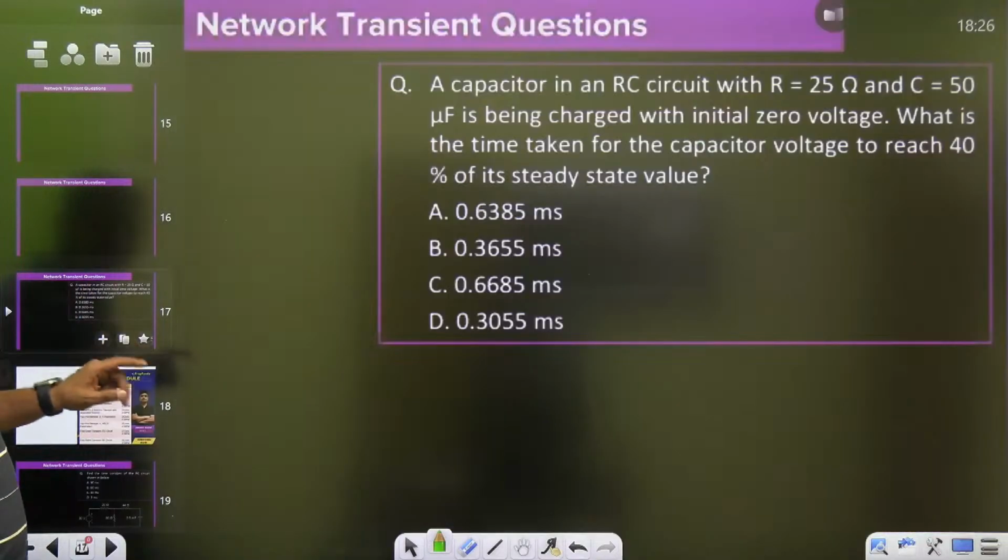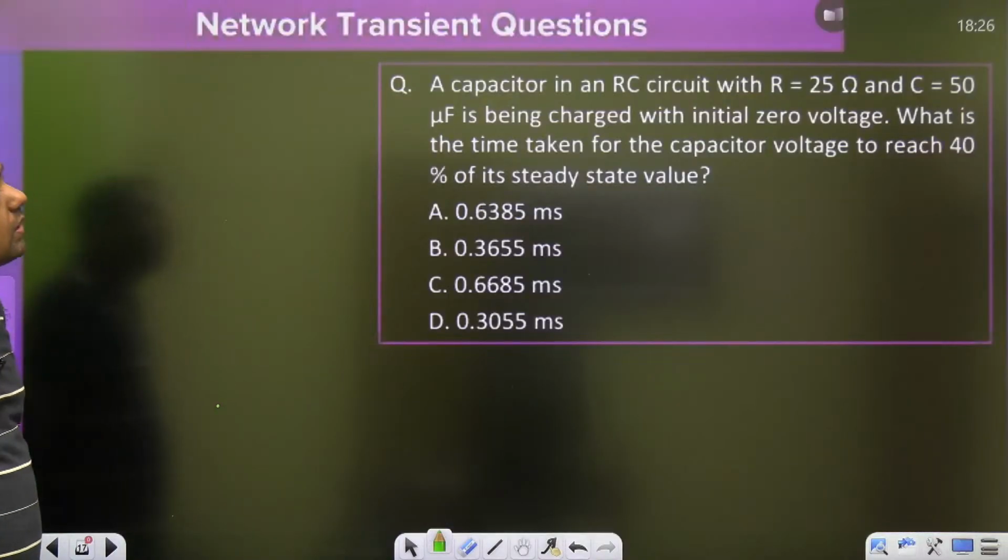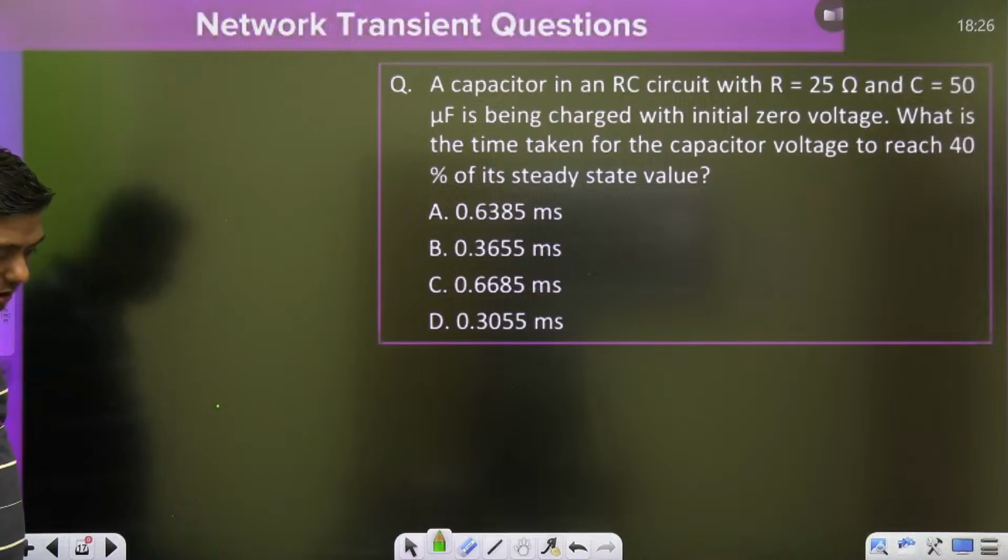Just this is the concept through numericals. Now, what is the answer for this one? Very basic question, just for HPCL. Tell me, what will be the answer? A capacitor in an RC circuit with R equal to 25 ohm and C equal to 50 microfarad is being charged with initial 0 voltage.